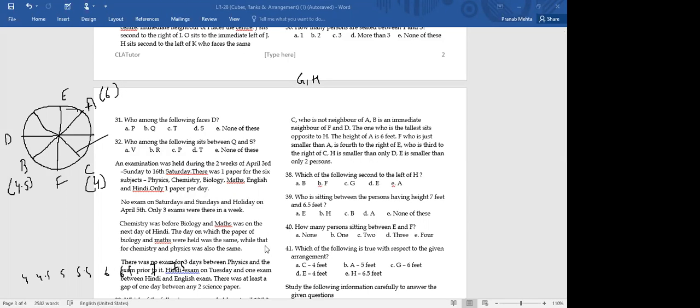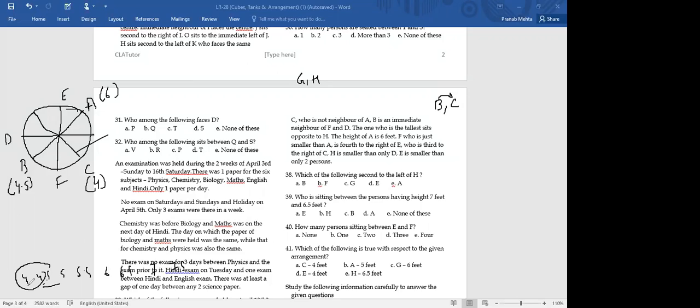If you put any other values, tell me what value you want for B and C. B is taller only than C means there's only one person who is smaller than B, which is C. If I put any other data, for example 4.5 and 5, there's another person lesser than this.